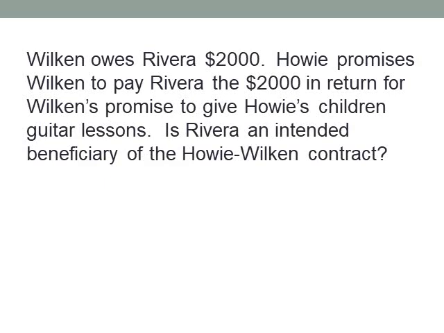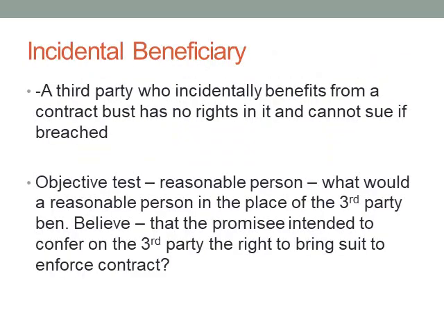She is not intended. She doesn't meet the conditions above, and what she's probably going to be considered is what we're going to talk about next: an incidental beneficiary, a third party who incidentally benefits from a contract, but has no rights in it and cannot sue if breached.